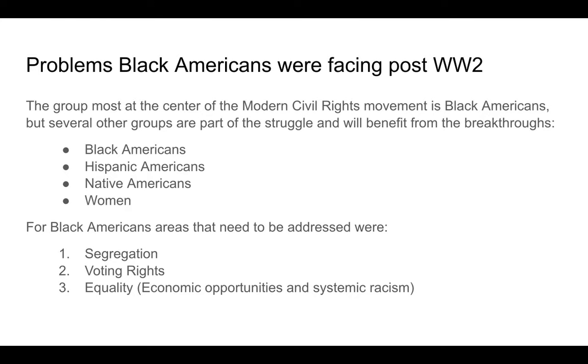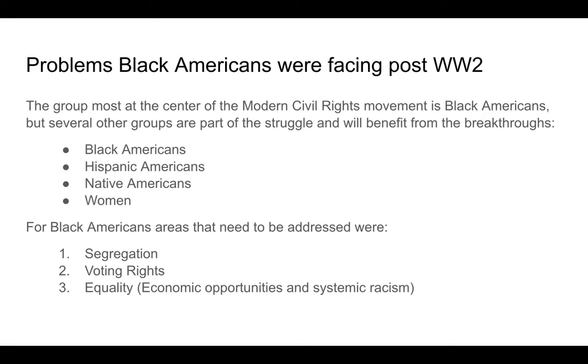This slide here, problems Black Americans were facing post-World War II. Now, the group most at the center of the modern civil rights movement is Black Americans. And for a lot of people, when you think of the modern civil rights movement, you're going to think of people like Martin Luther King or Rosa Parks or the struggle for African American rights. But several other groups are part of the struggle and will benefit from the breakthroughs.